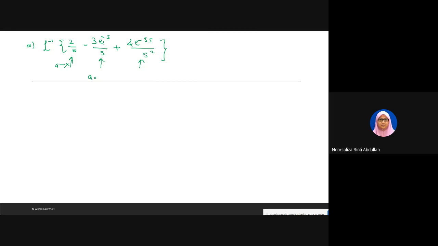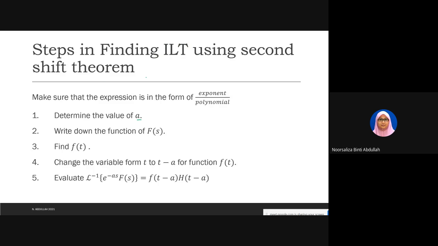What is the A of this? 1. And this one? 3. Okay.